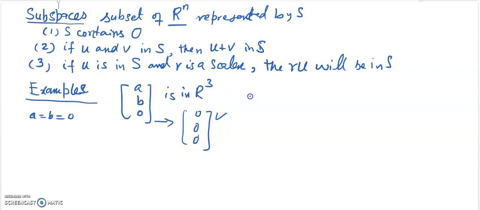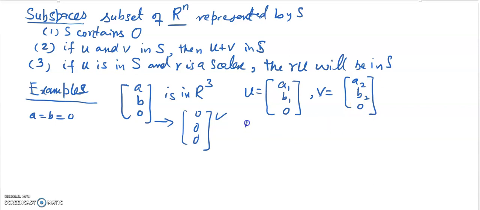For checking the other two conditions, we take vector u with values a1, b1 and 0, and vector v with values a2, b2 and 0, and then we take their sum. So u plus v is a1 plus a2, b1 plus b2, and then 0 plus 0 is 0.